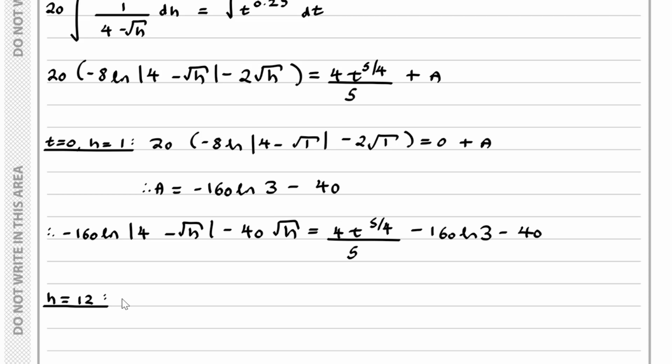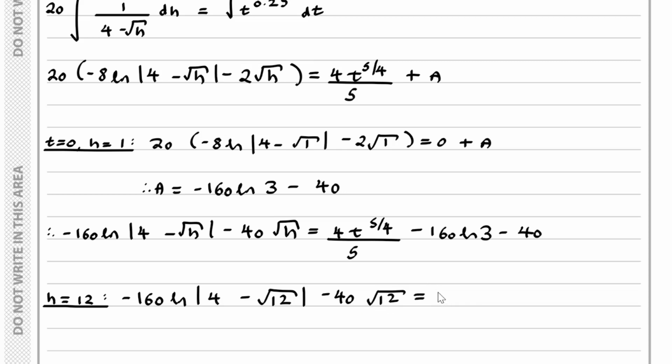So when h is equal to 12, we have minus 160 times the natural log of the mod of 4 minus square root 12, minus 40 times square root 12.